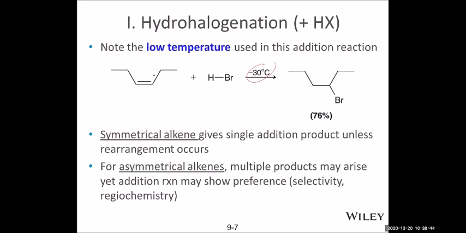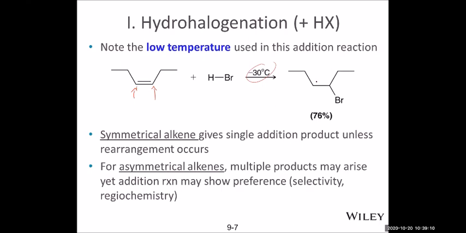And so this symmetrical alkene gives a single addition product, unless rearrangement comes from the carbocation. Okay, symmetrical: when we add hydrogen here or here, and later add the bromide, you get the same, only one product.